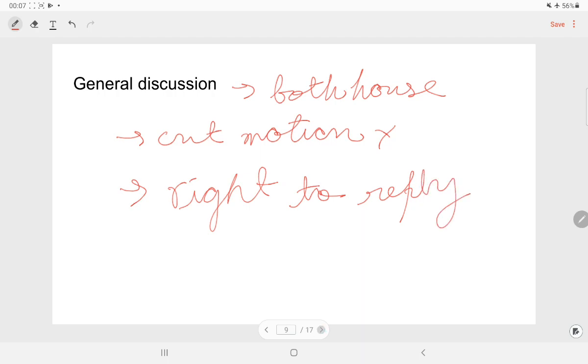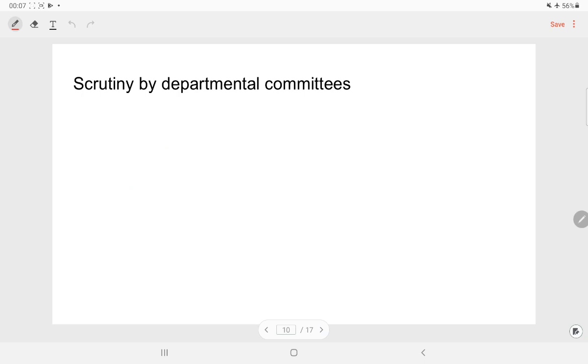After this general discussion, there is scrutiny by departmental committees. Currently there are 24 departmental committees, and in each, I guess there are 31 members, 21 from Lok Sabha and 10 from Rajya Sabha. I'm not sure, so please look this up. So 24 departmental committees are there, with members of both Rajya Sabha and Lok Sabha.